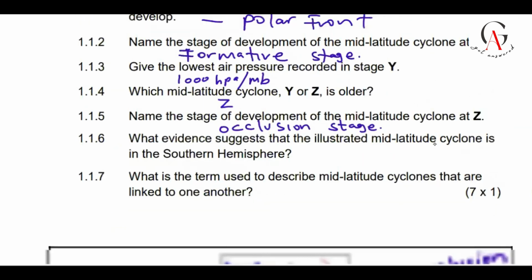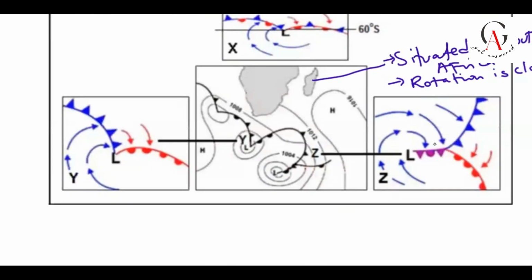Rotation is clockwise. As you can see here, you see the arrows which are rotating in a clockwise direction, and this is typical of low pressure cells in the southern hemisphere. All right.